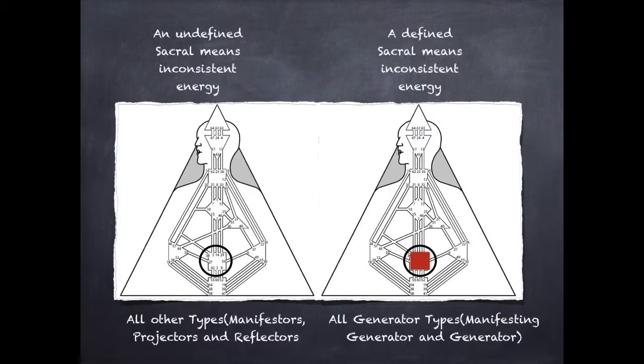It's easy to think that the energy is always going to be there, because not only do projectors take in the energy, they also amplify it. So they can have vast amounts of energy when they are out in the world, but tap out completely when they're back in their own space away from people. And a theme for someone with an open sacral like a projector is not knowing when enough is enough.